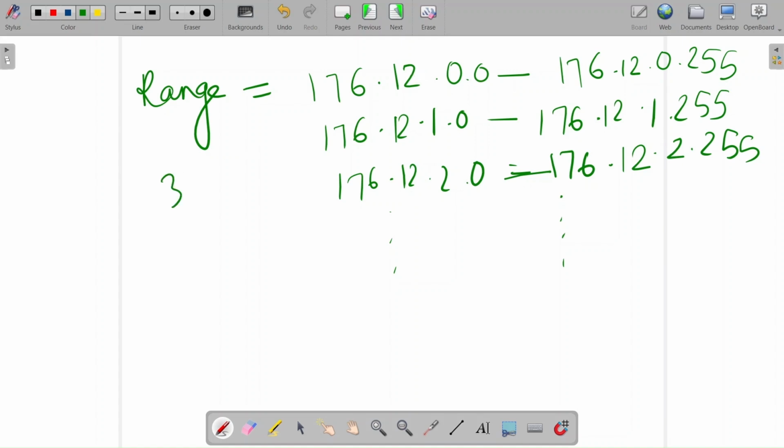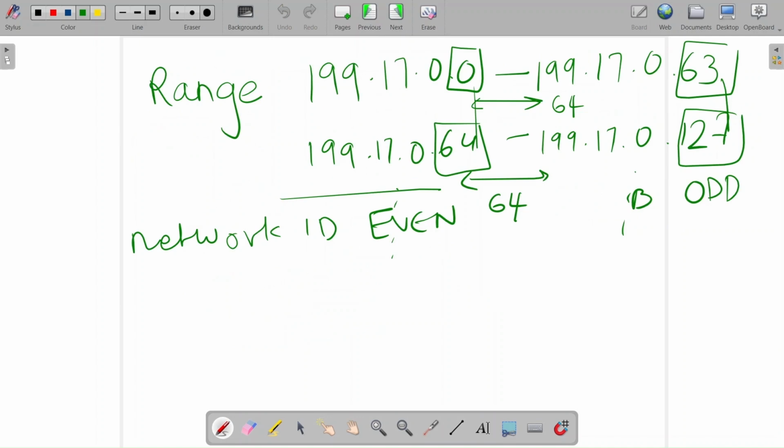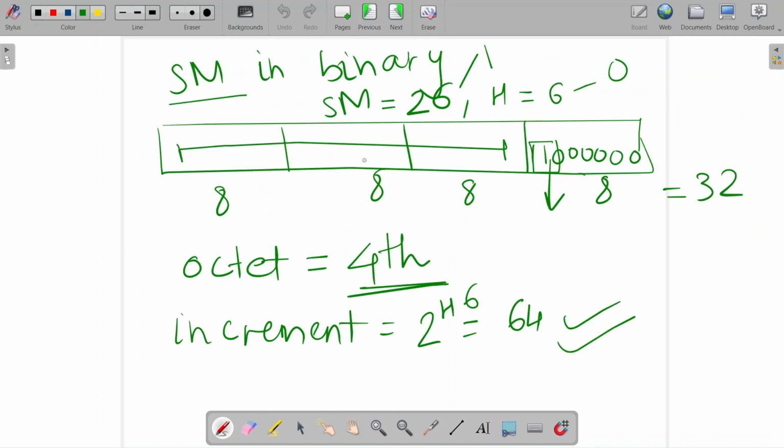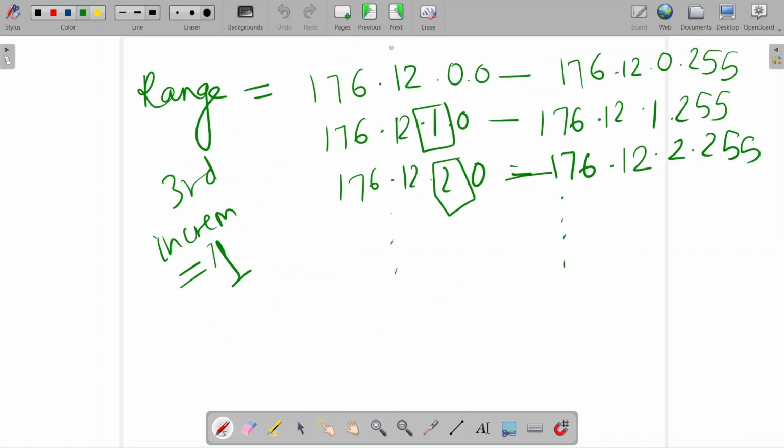We were given the third octet. You can see there is an increase, and the increment was 1. Now I'll just go to the previous question. In the previous question, the increment was 64, and right now our increment is 1.